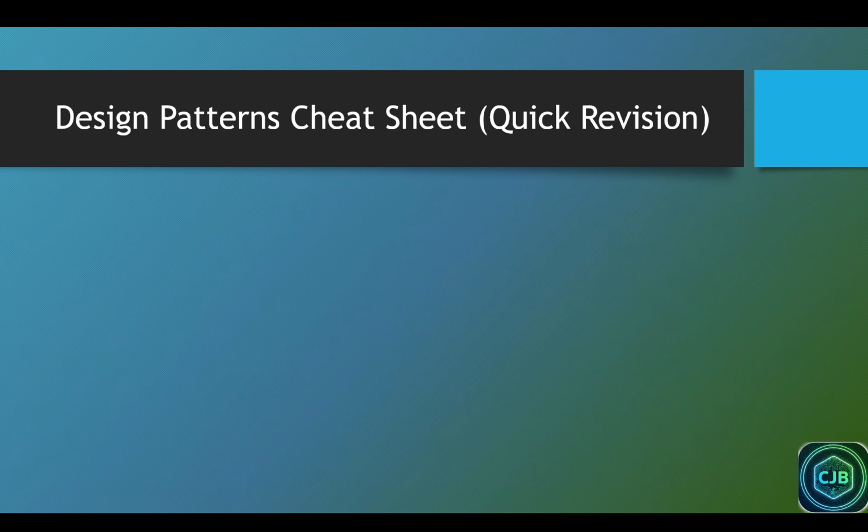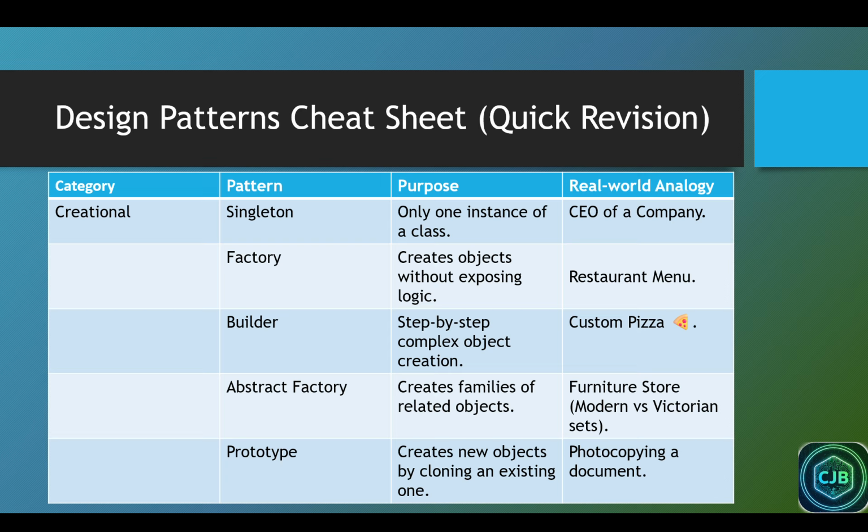Design pattern cheat sheet. Creational category, creational patterns: singleton, factory, builder, abstract factory, prototype. Singleton: have only one instance of a class, like the CEO of a company. Factory creates objects without exposing logic, like a restaurant menu.